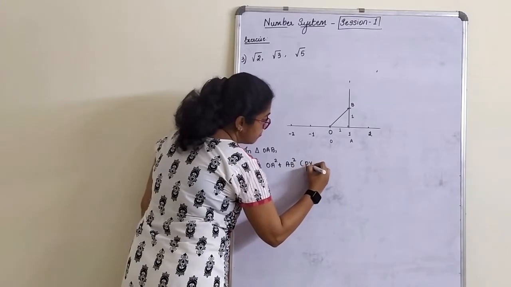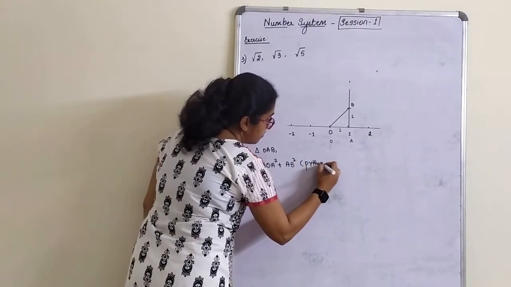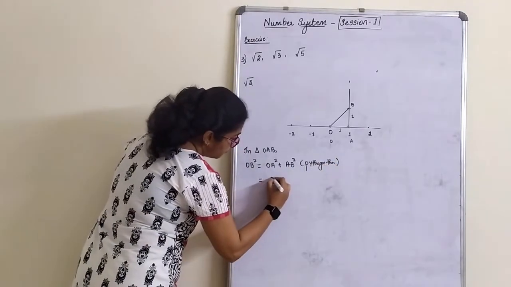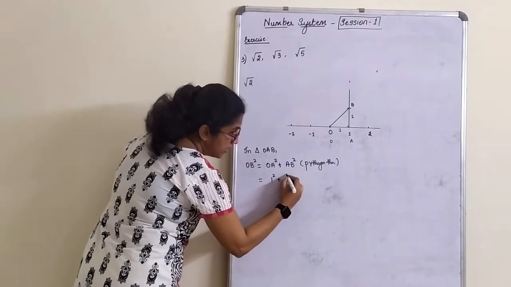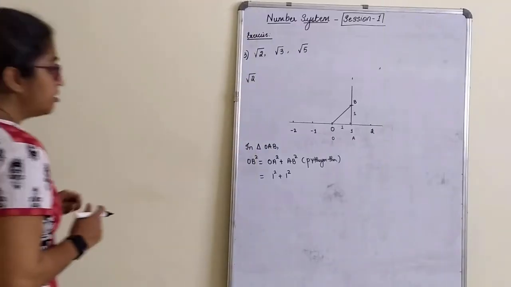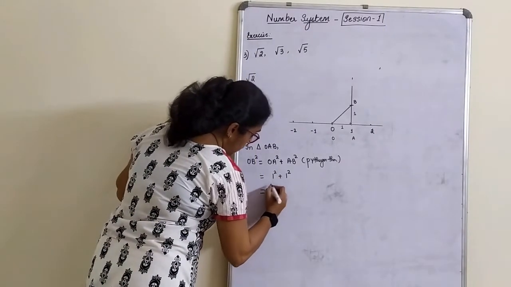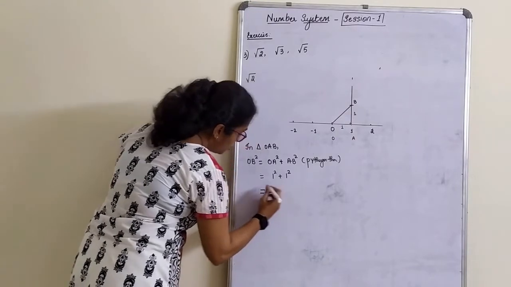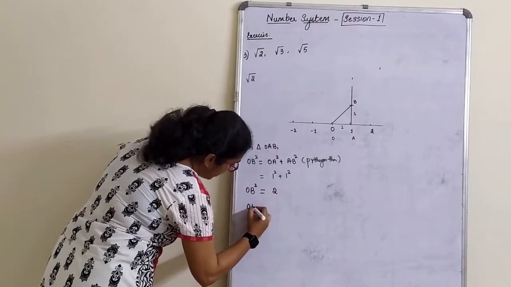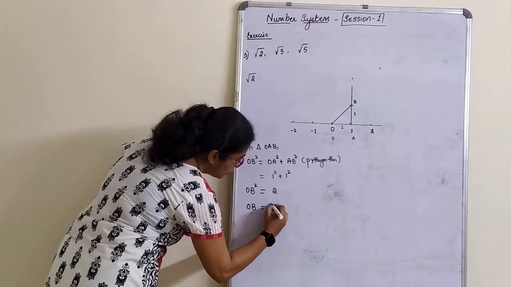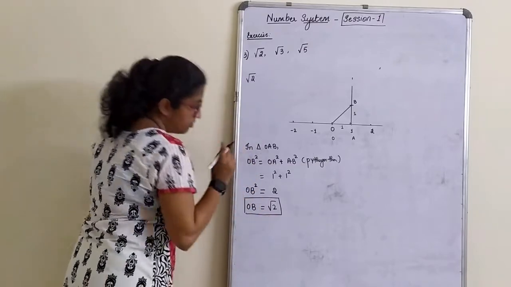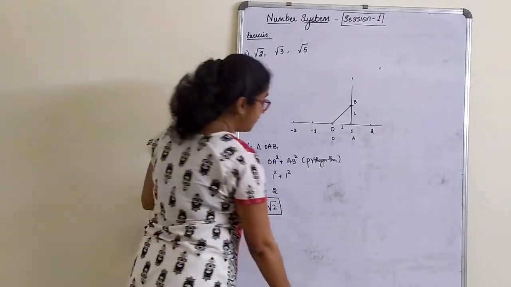According to Pythagoras theorem, OB square is equal to 1 square plus 1 square. So 1 plus 1 is 2. OB square is 2 and OB is root 2. This is the verification of what we have done.